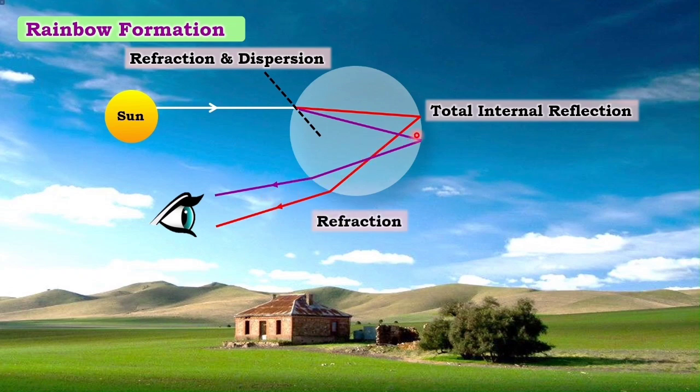So yat eta total internal reflection hoise. So due to the dispersion of light and total internal reflection, different colors reach the observer's eye. So guys, did you understand the rainbow formation? Okay, if you have any doubt, you can comment below. Aru tumalukor examination point of view pra a rainbow formation to eta important part.